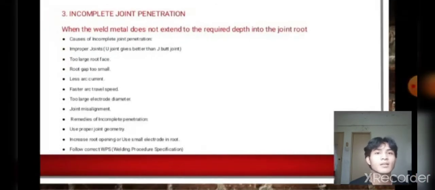Third, incomplete joint penetration, when the weld metal does not extend to the required depth into the joint root.